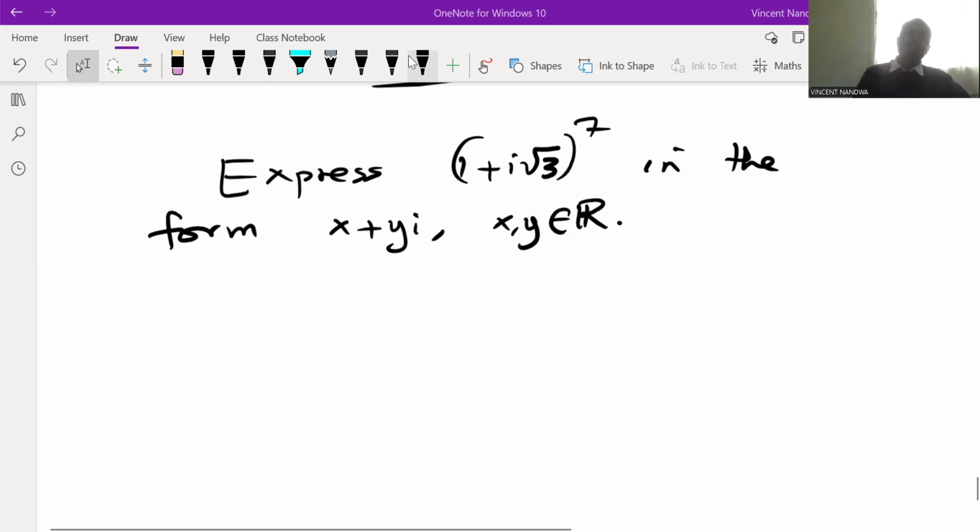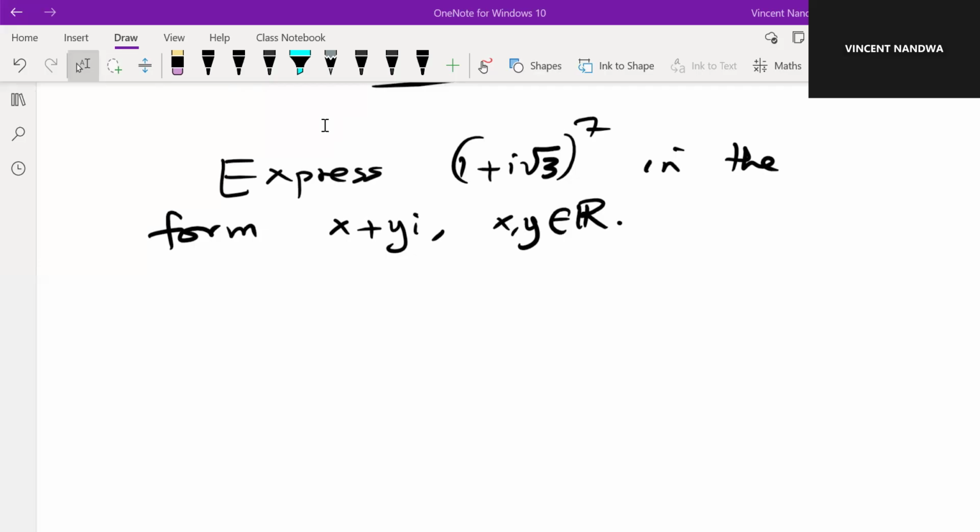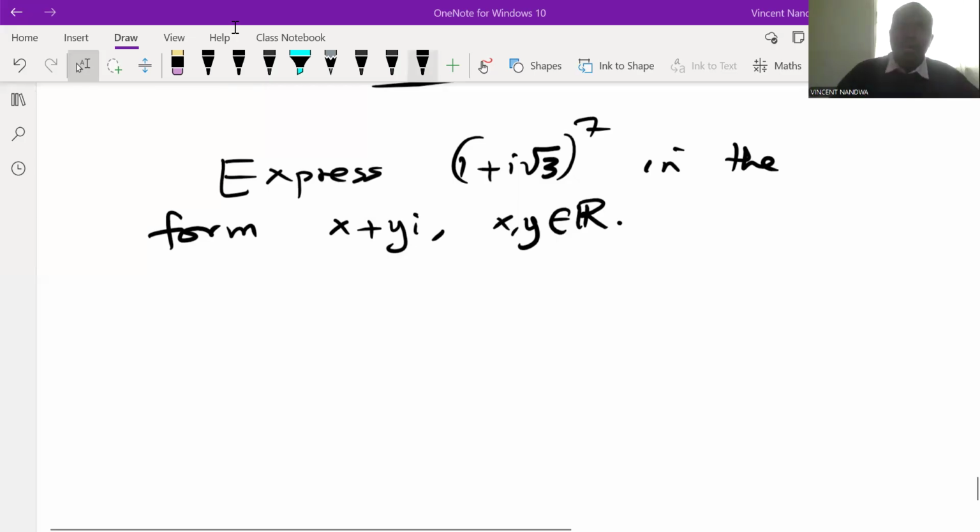So I hope you have tried it out. So the key thing is to convert the number in polar form.